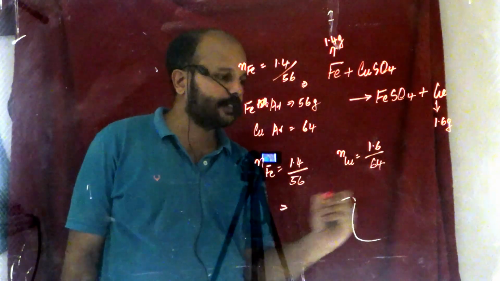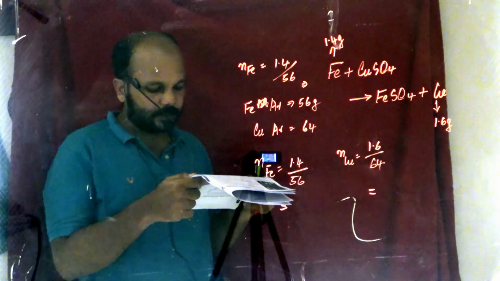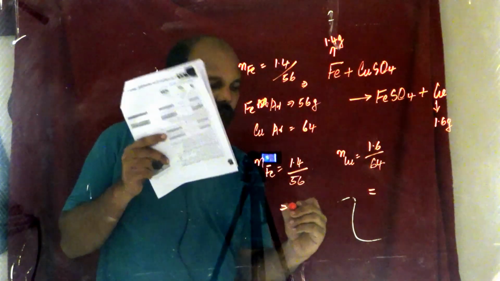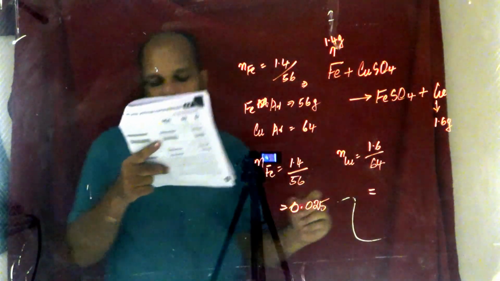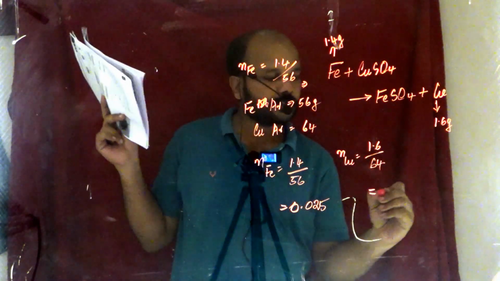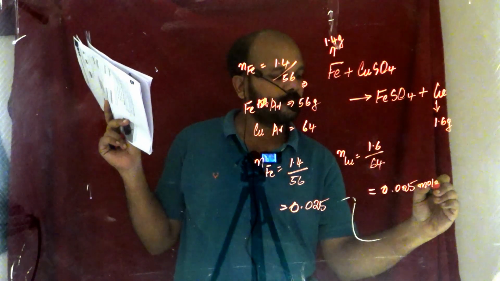So you shall be getting 0.025 moles of iron, and it will give 0.025 moles of copper.